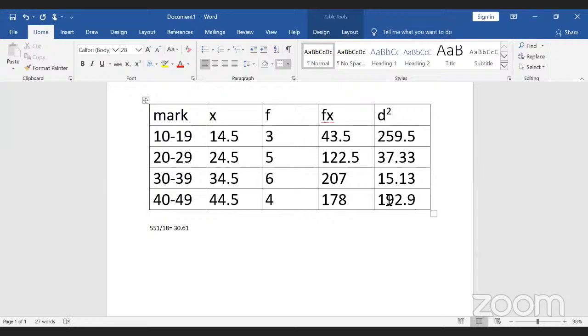So remember, when we were doing non-group data, we got the summation of deviations. We just added the deviations the way they were because each deviation had a frequency of 1. Like the student who got 3, his or her deviation was 1 student times their deviation.